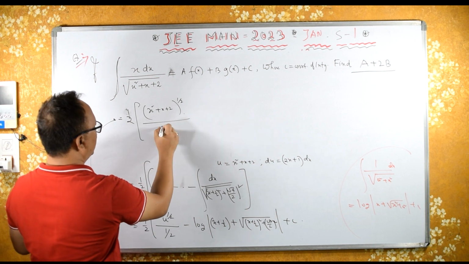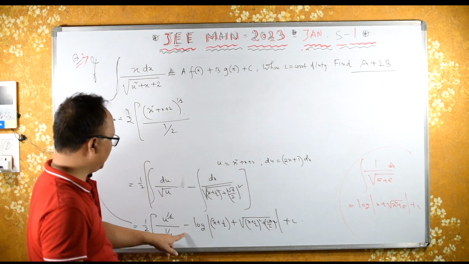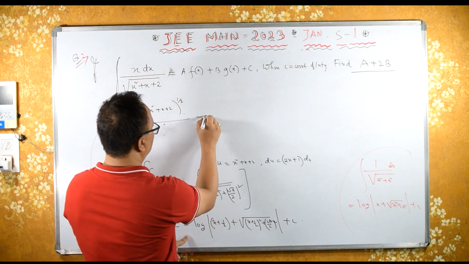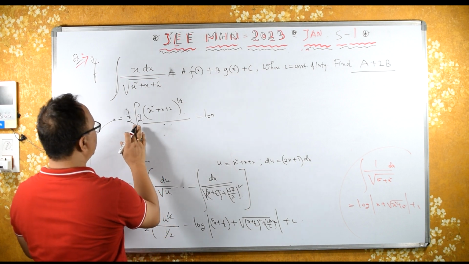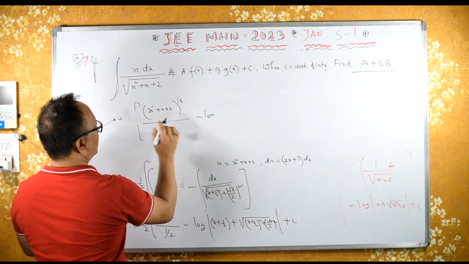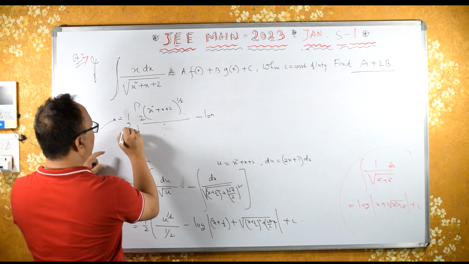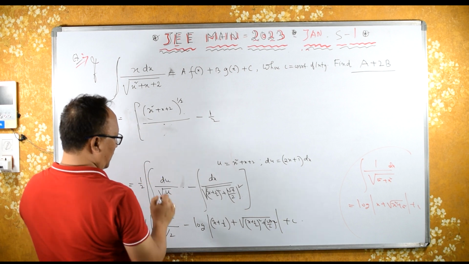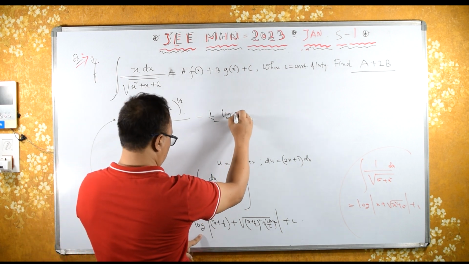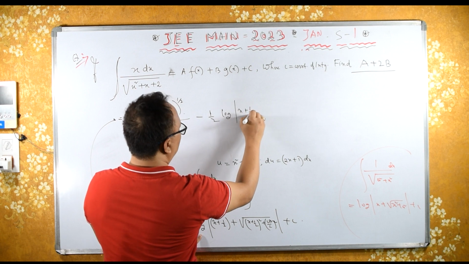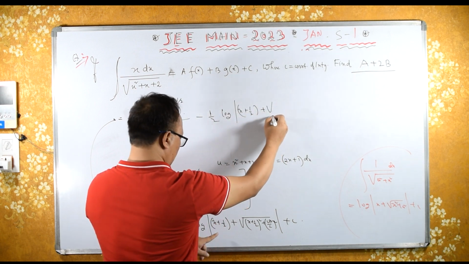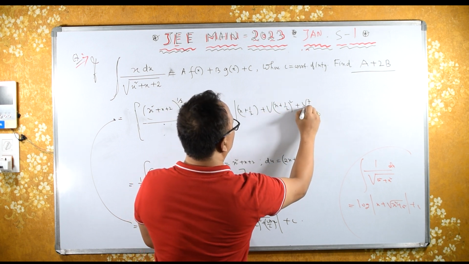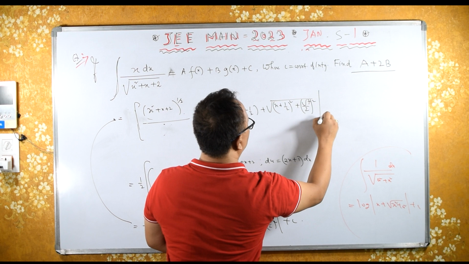So I am sending it inside, so the 2 gets cancelled. Here I'll have half. Here we don't have anything. Half of log of x plus half plus square root of x plus half whole square plus square root of 7 by 2 whole square plus c.